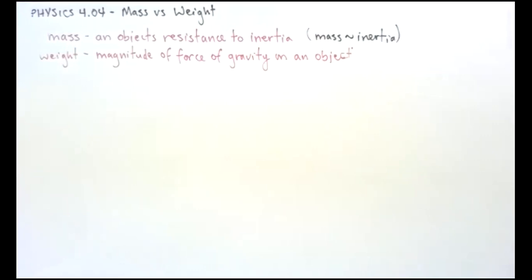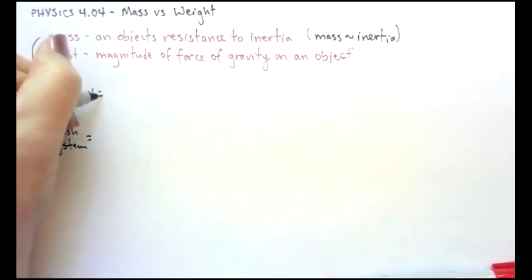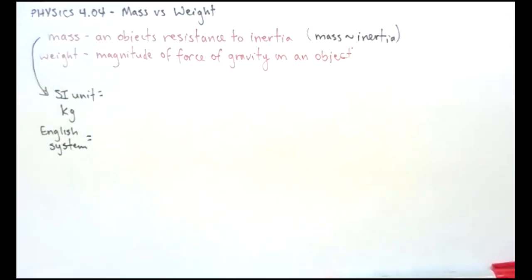And we're looking at very different units here. So for mass, our SI unit is the kilogram. By the way, in the English system, you guys might think it's pound, but you would be incorrect about that.